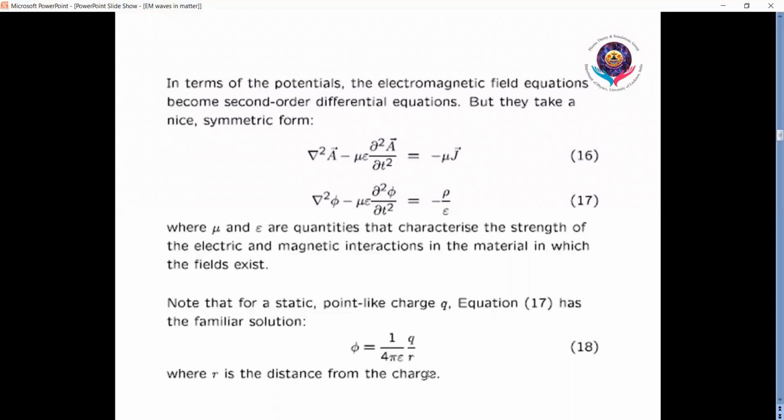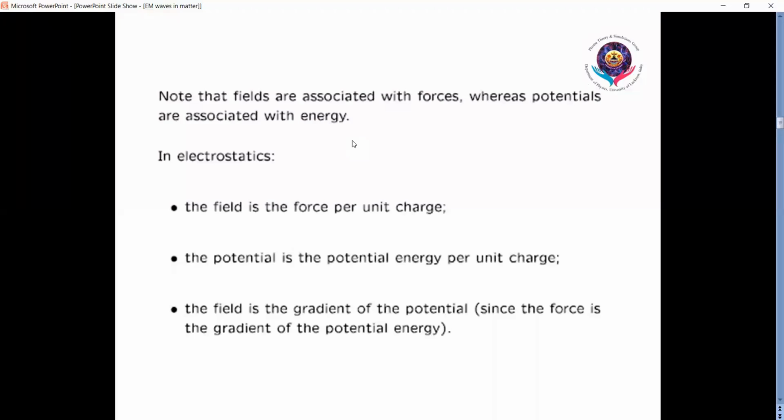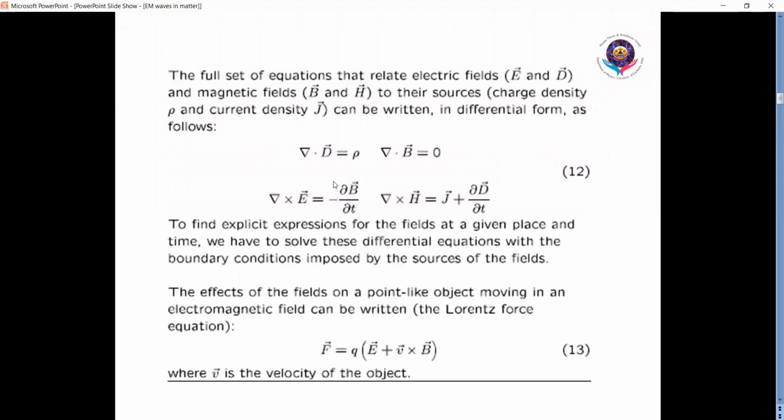So in terms of potential, Maxwell's third and fourth, the curl equations, can be reduced to give us two coupled equations. These equations are obtained by taking the curl of these equations once again, applying the first vector identity.